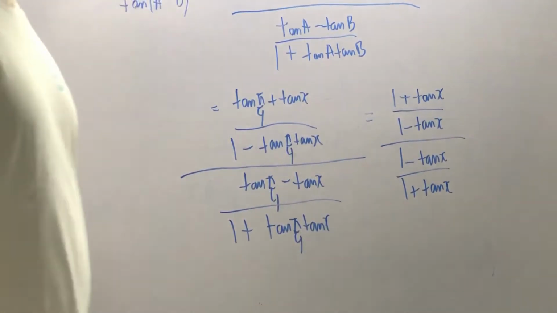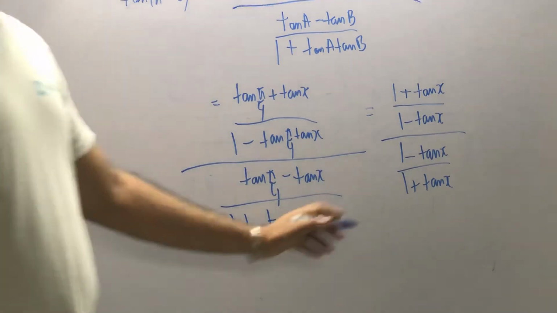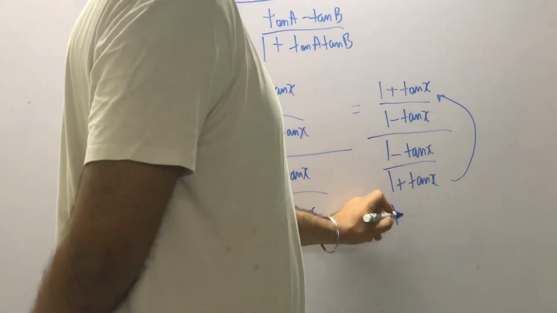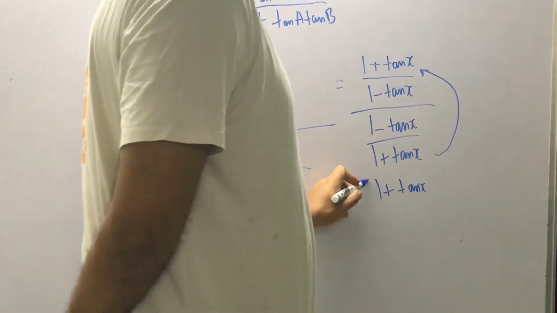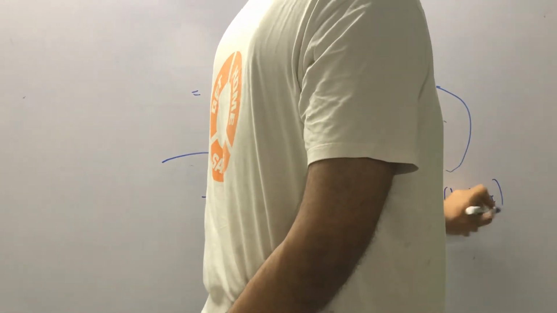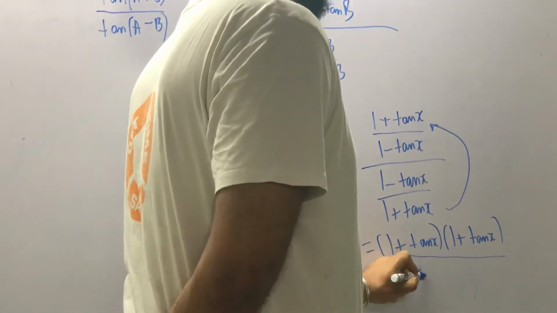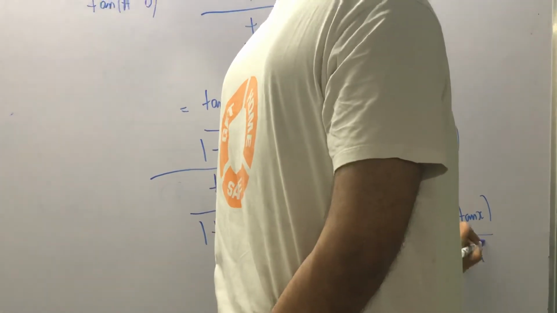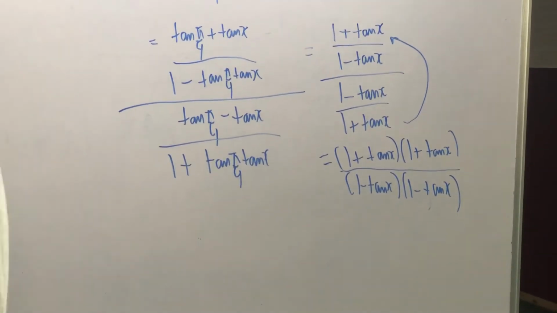One plus tan x upon 1 minus tan x, divided by 1 minus tan x upon 1 plus tan x. So this will go on the top, cross multiplication. So you will get something like 1 plus tan x into 1 plus tan x upon 1 minus tan x into 1 minus tan x.